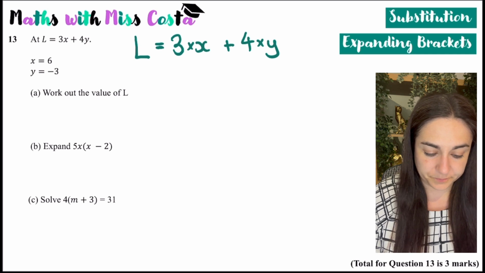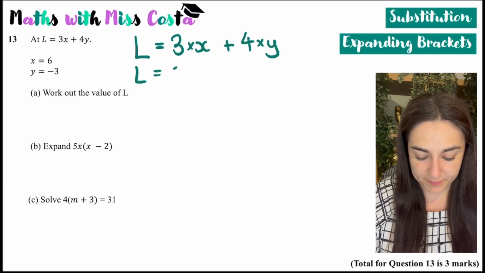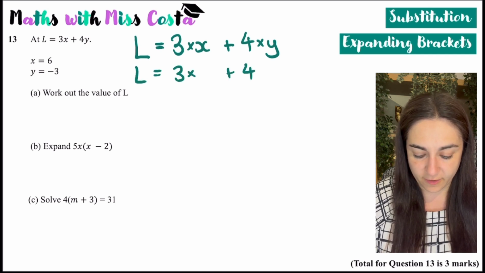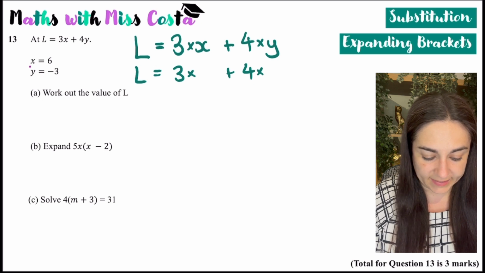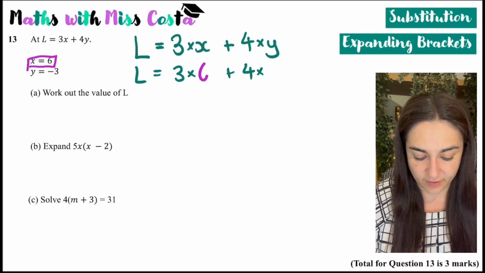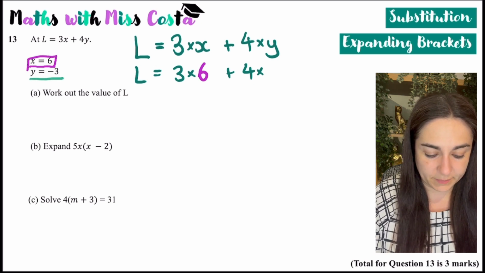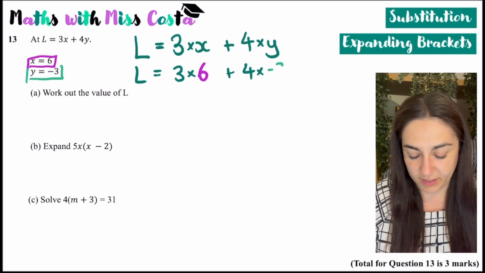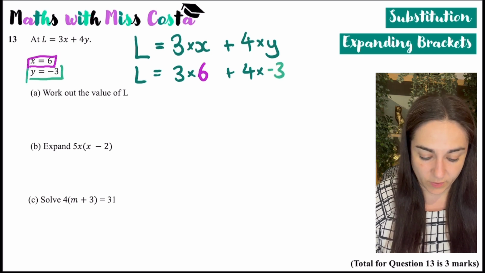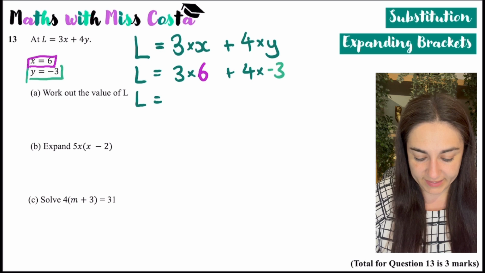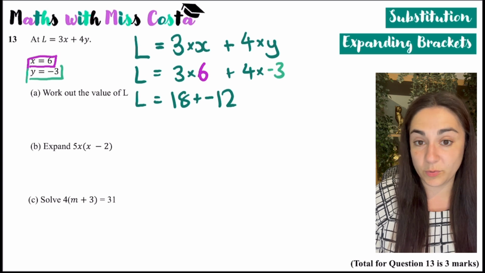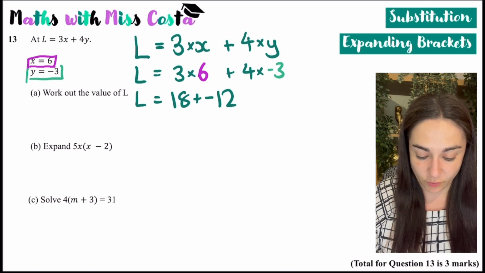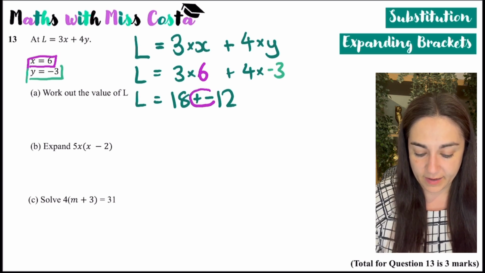So what I can do is substitute the value that I've been given. I'm told that x is 6, so I'm going to do 3 times 6, and I'm told that y is -3, so I'm going to put -3 over there, and then I work it out. 3 times 6 is 18, 4 times -3 is -12, and what's really important is you've got 2 signs here. You've got a positive and a negative.